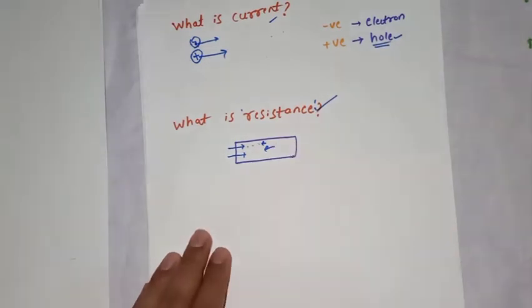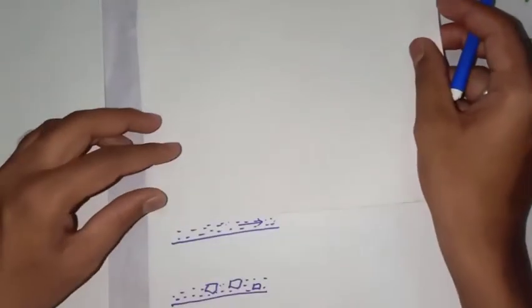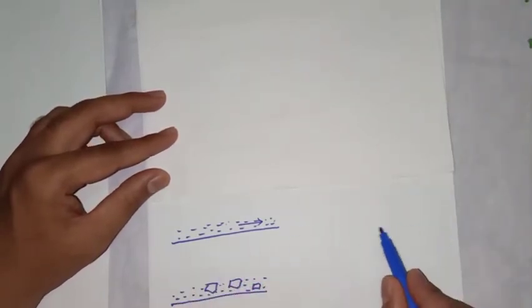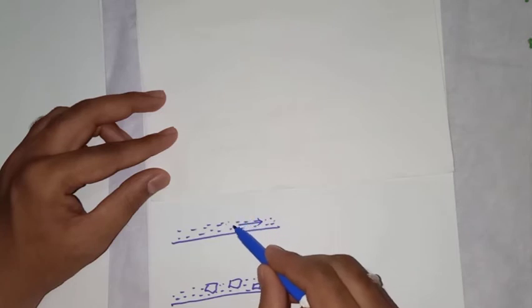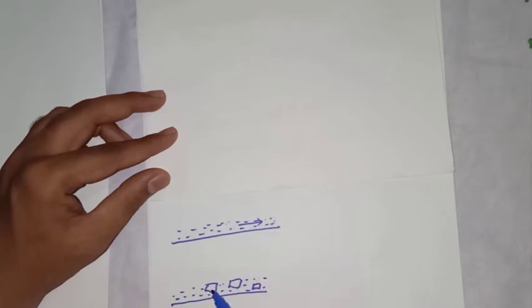It is similar to the example I am going to consider here. This is a plain surface, and this is the water which is flowing. If there is no resistance, no stones in between the flow of water, the water can easily flow. There is no opposition, right? Therefore the water can flow very easily, very fast.